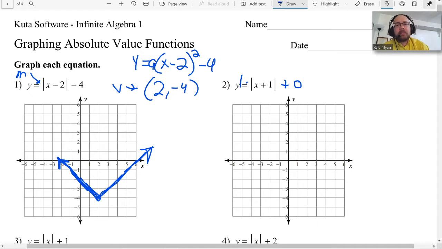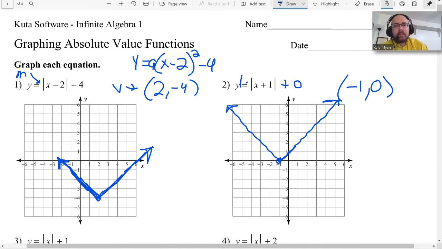Slope is 1. The vertex of this absolute value function is going to be negative 1, because the opposite of 1 is negative 1, comma 0. That's the number outside, right here. Slope is 1, so I go this way, like that, and then this way.